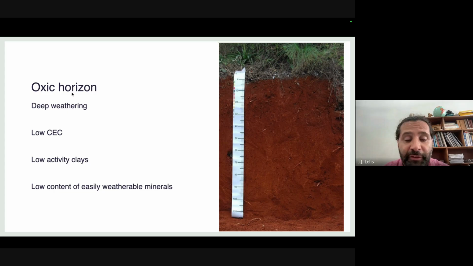Okay, so the oxic horizon usually composes a soil that registers similar clay content in all the horizons.